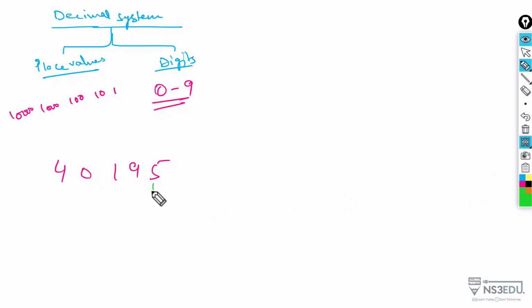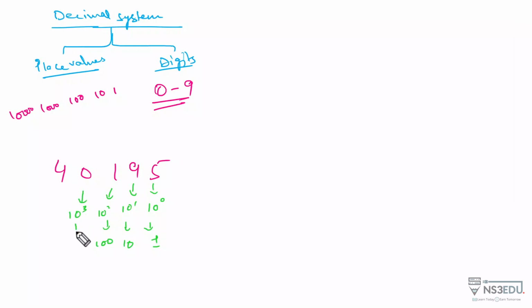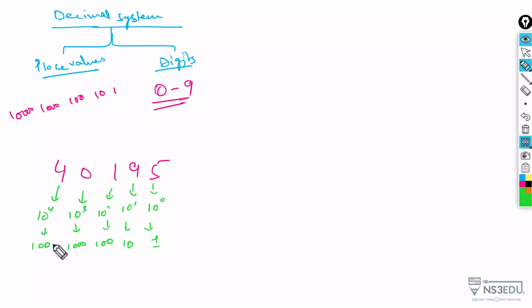I'll put this at the place value of 1, which means 10 raised to the power 0 equals ones. 10 raised to the power 1 equals tens. 10 raised to the power 2 equals hundreds. I hope it's making sense as to how we actually form our decimal system.